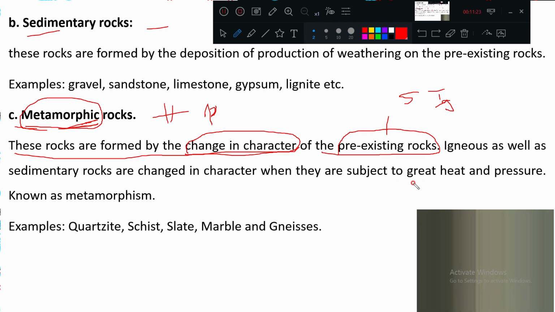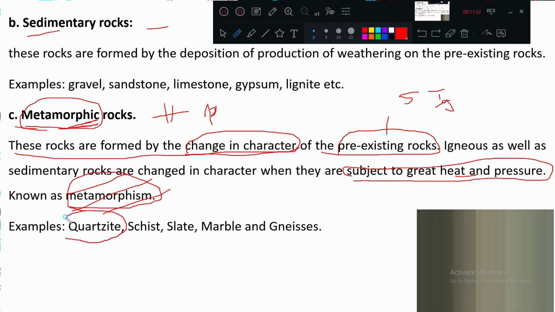These are subjected to great heat and pressure, and that process is called metamorphism. Examples are quartzite, schist, slate, marble and gneiss. These are some examples of metamorphic rock.